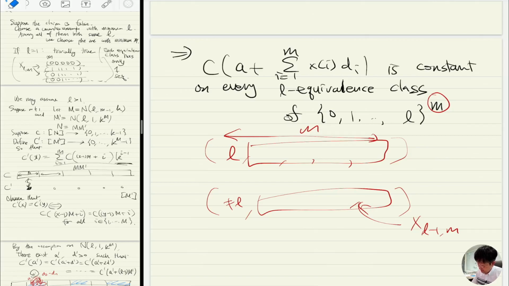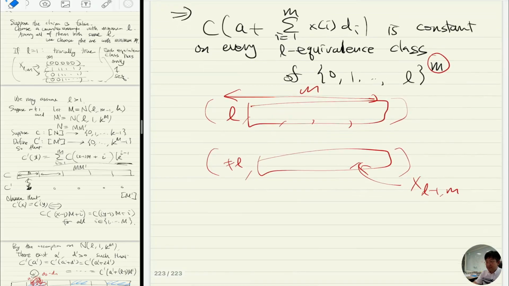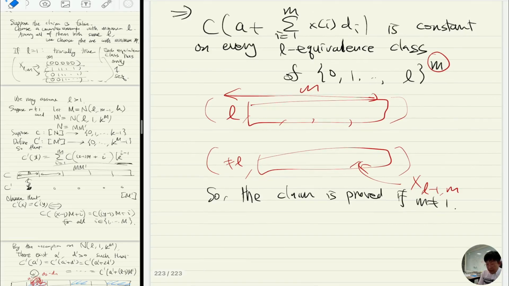All right, and yeah, so that's it. So the claim is proved if m is not equal to 1. And we already assumed that it's a counterexample, so I should say it's a contradiction.